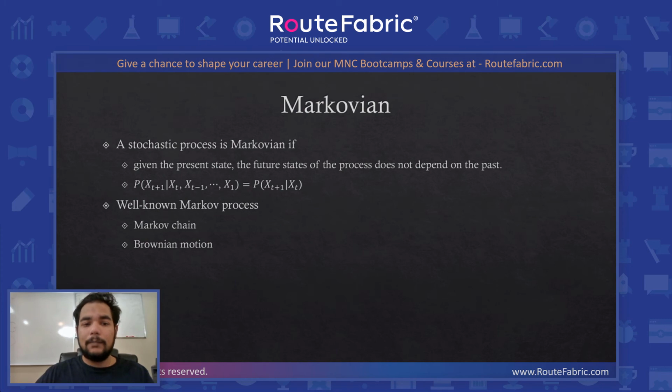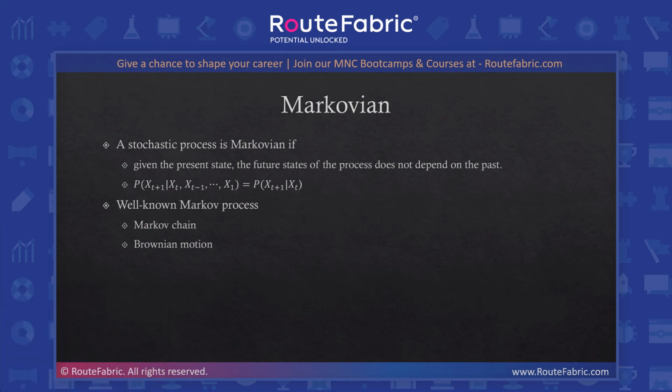A stochastic process is Markovian if the following condition is met: given the present state, the future state of the process does not depend on the past state. Then the process is said to be Markovian. Markov chain and Brownian motion are common, well-known Markovian processes.